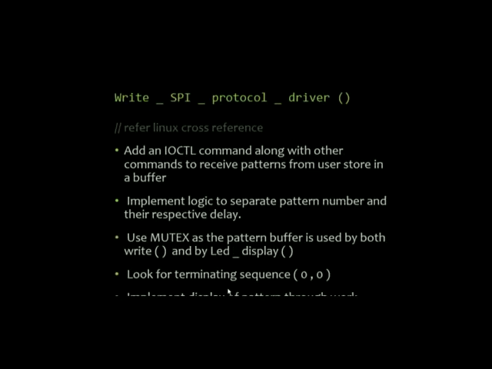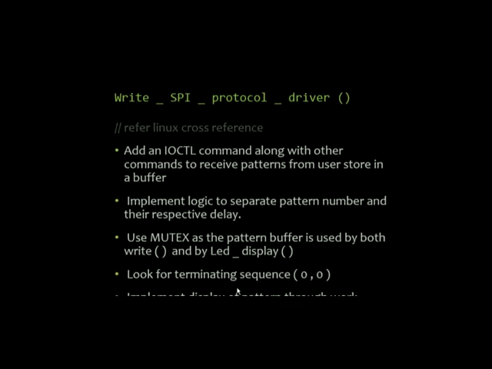For the SPI protocol driver, we need to first refer to the SPI file from Linux cross-reference. So in our driver, we need to add an IOCTL command along with other commands to receive patterns from the user and store them in a global buffer. We also need to modify the write function of the SPI driver to implement logic to separate the pattern number and the respective delay.